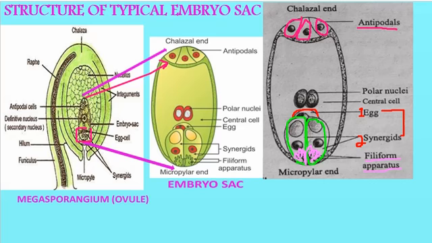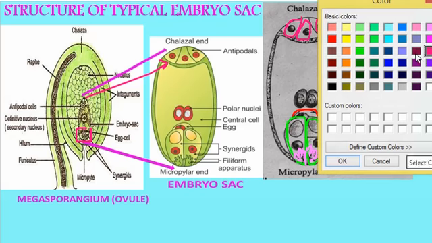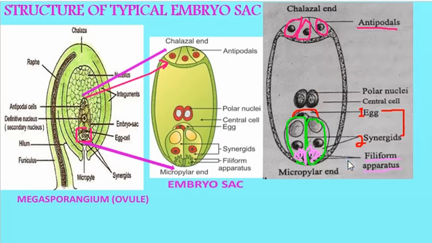And in the center there is a central cell. It is a large cell in the embryo sac. This cell is known as central cell. So the central cell consists of two nuclei, and these two nuclei are known as polar nuclei.